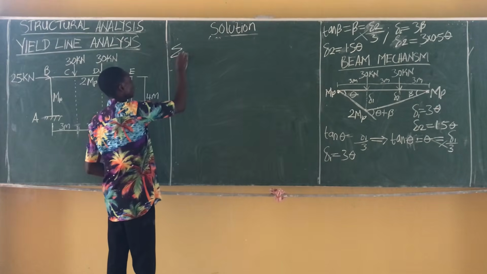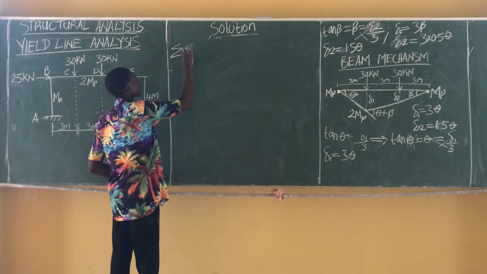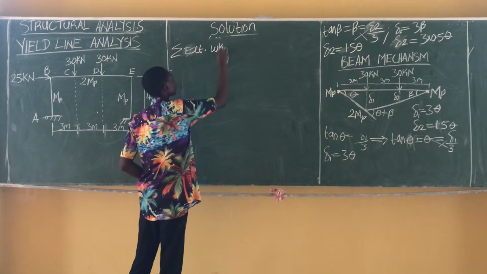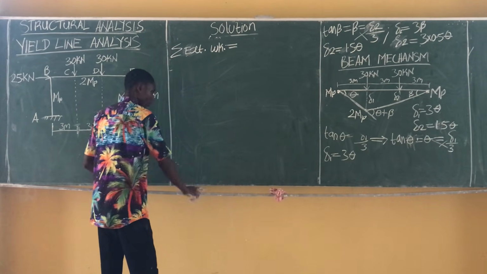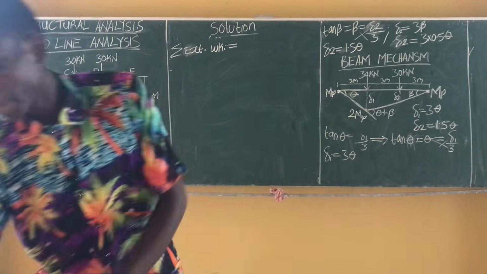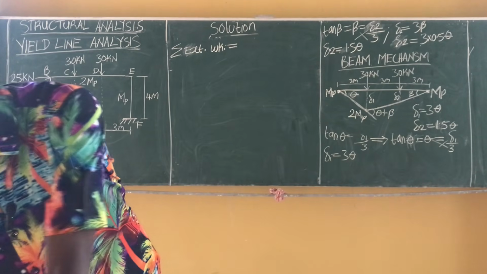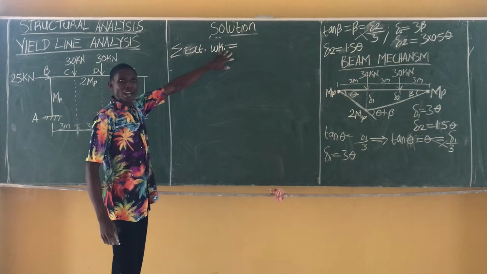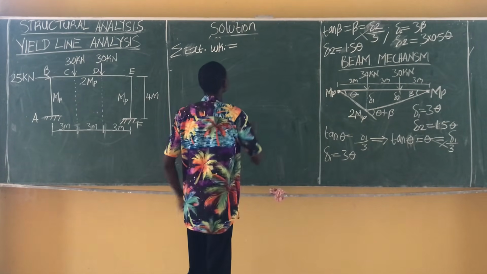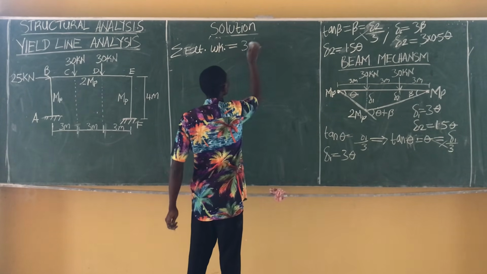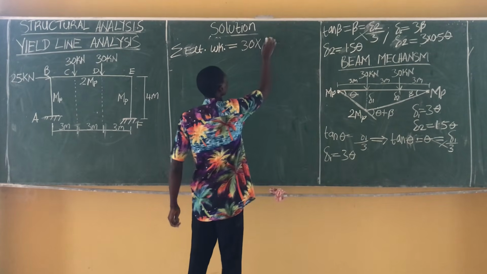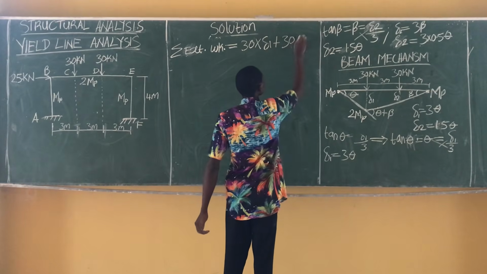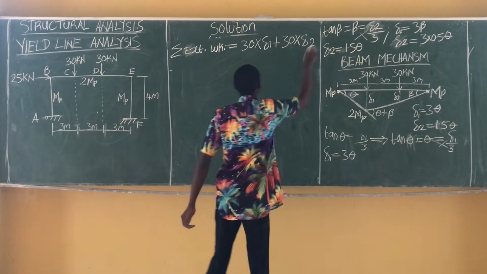Now let's sum our external work. Summation of external work done. Remember, our external work done is load times deflection. So it's going to be equal to 30 times delta 1, plus 30 times delta 2.